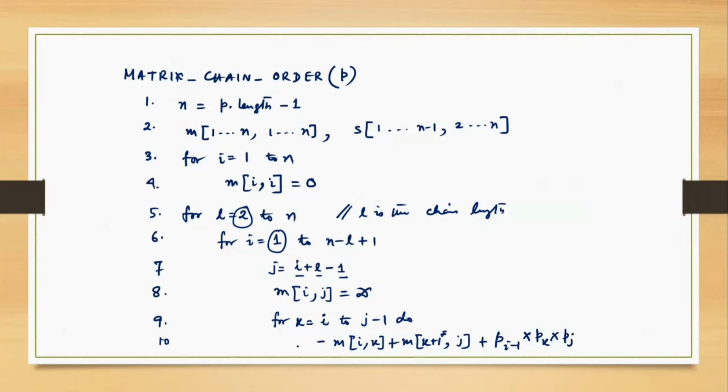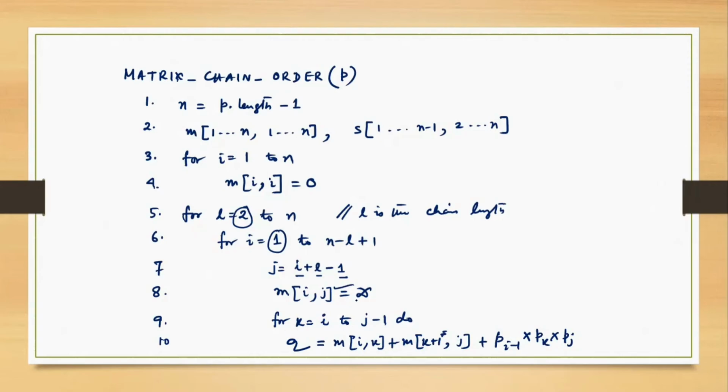You store the value into, suppose, q. For k equals i, you store the value into q. For k equals i plus 1, you store the value into q. In this way, once for a particular k value you get the value and store it into q, then that q needs to be compared with m of ij.